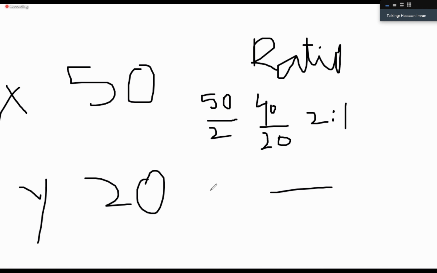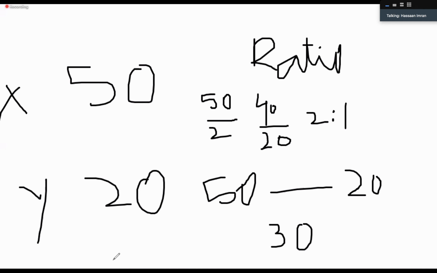Now, similarly, whenever we have to subtract, in terms of exact numbers, we'll get to know if this is 50 minus 20 or 40 minus 20. So this means that X has 30 more as compared to Y. Or it's the other way around also, we can say that Y has 30 less as compared to X. Is it clear?